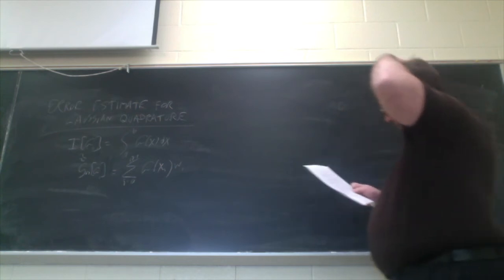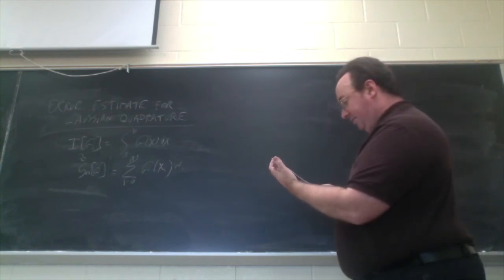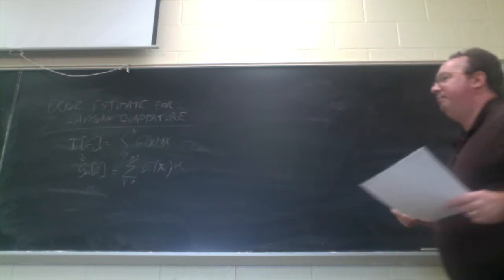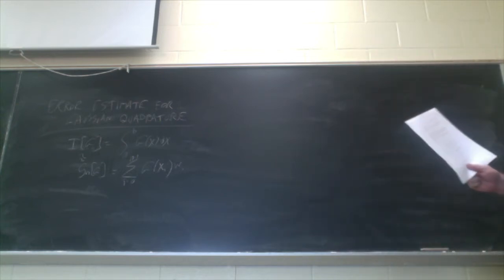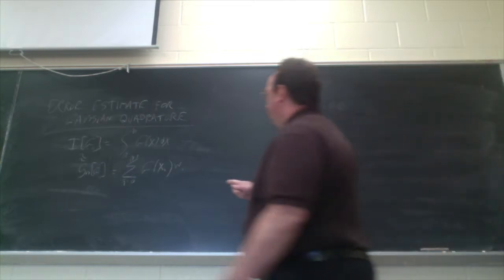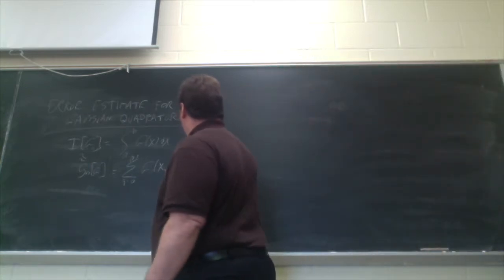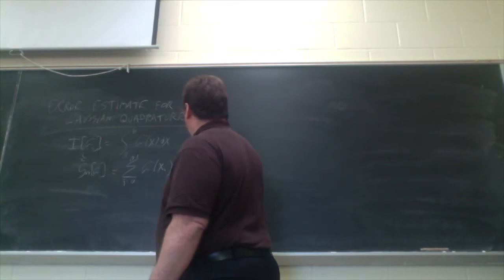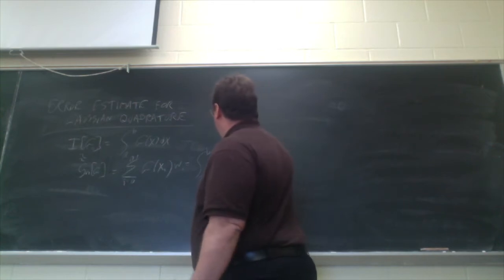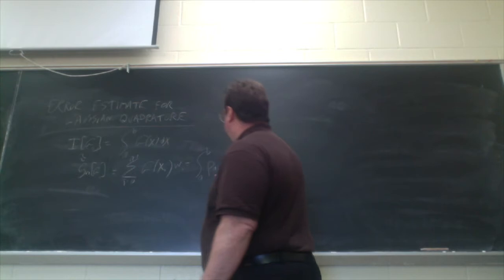Okay, so what would be the error? Now, the thing is, normally what we would do to get an error formula is we say, okay, this is equal to the exact integral of some polynomial interpolant of degree n minus 1.